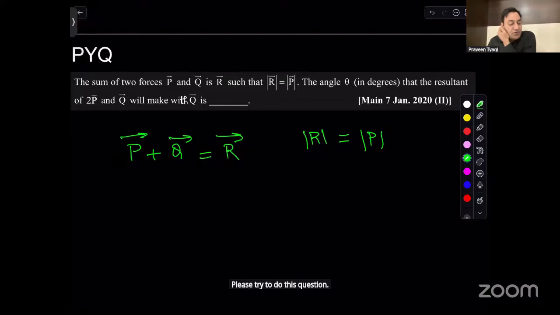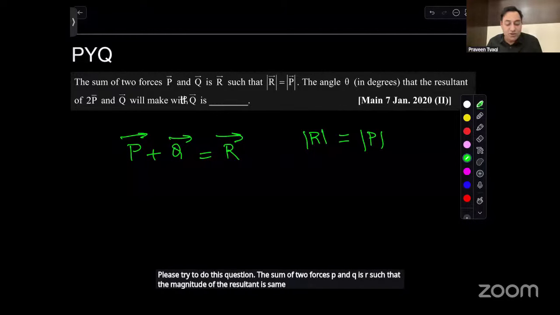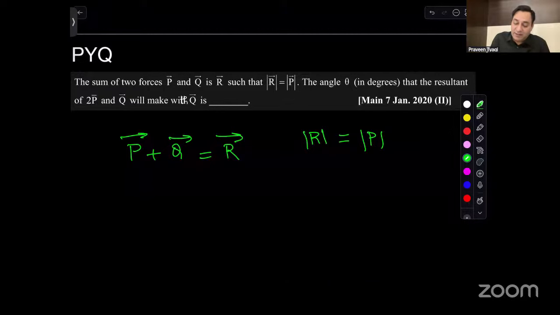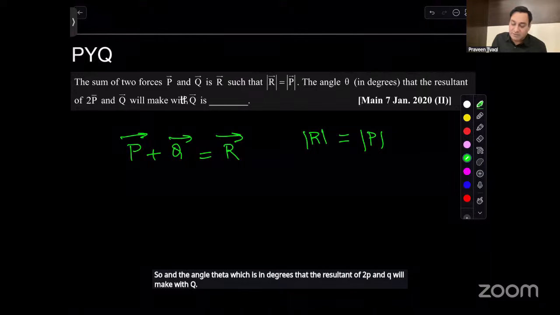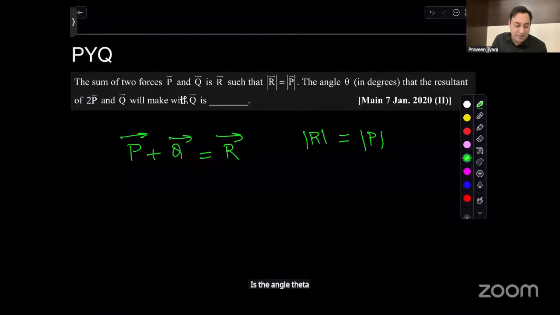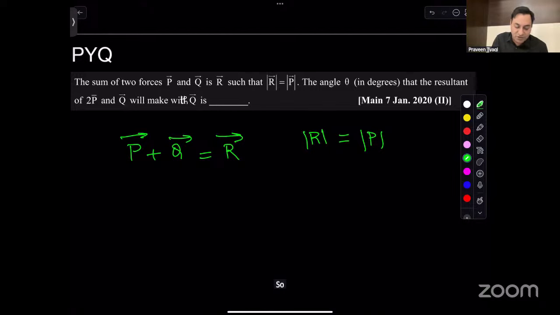The sum of two forces P and Q is R, such that the magnitude of the resultant is the same as the magnitude of P. And the angle theta, in degrees, that the resultant of 2P and Q will make with Q. So there is another vector 2P. Let me just draw it for you.